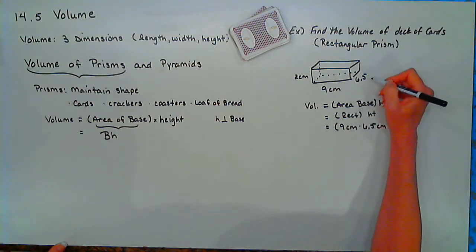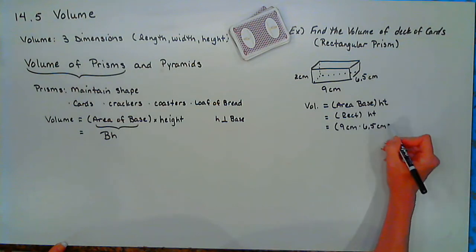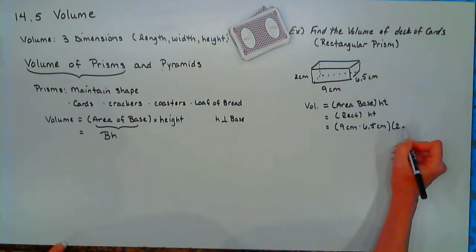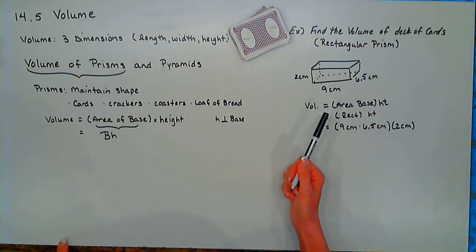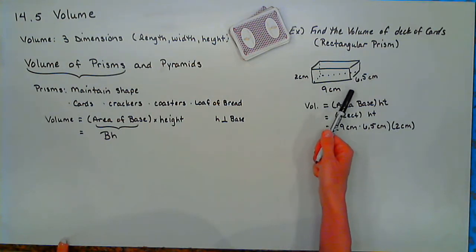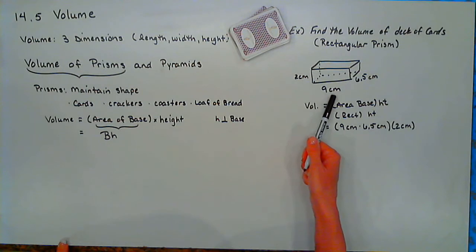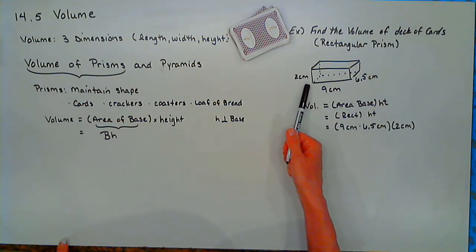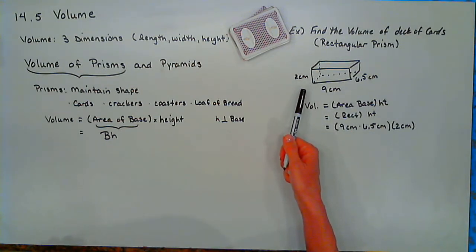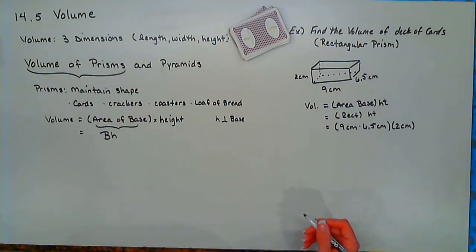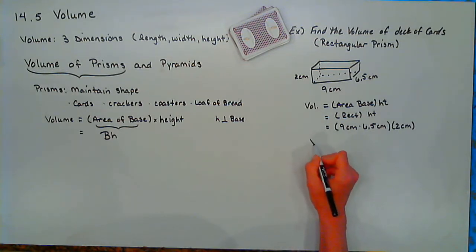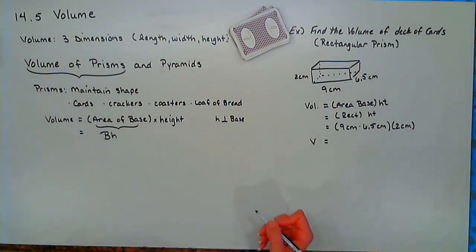Wow, that would have been quite interesting. Times the height of 2 centimeters. Actually, that was a great mistake I made, because we need to make sure the units of measure are all the same. If one unit is different, we need to do the conversions that we did earlier in the chapter.